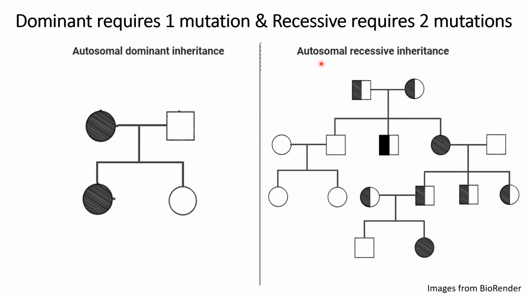On the right here, we can see autosomal recessive inheritance, where we have two people who have the mutated gene, but it is recessive, so they don't exhibit any sign of the disease. Here we would have a 25% chance that everything would be normal.